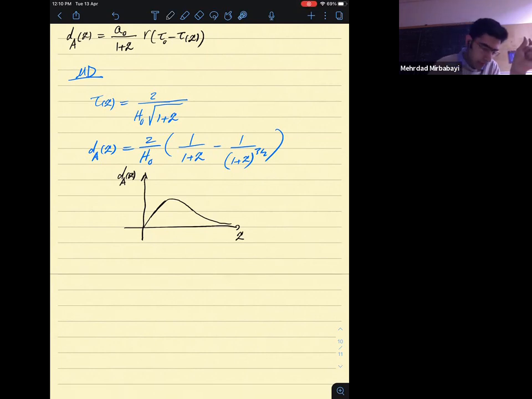But the fact that this angular diameter distance turns around and becomes smaller means that as you take it back in time, it starts growing again. So your standard ruler looks like it is shrinking as you take it into the past and then grows again. There will be a time and a minimum angular size of the ruler.